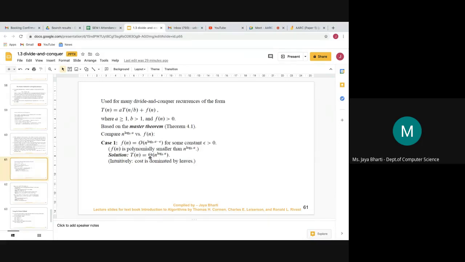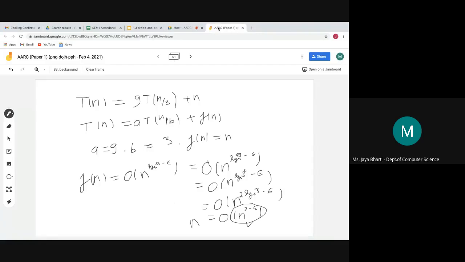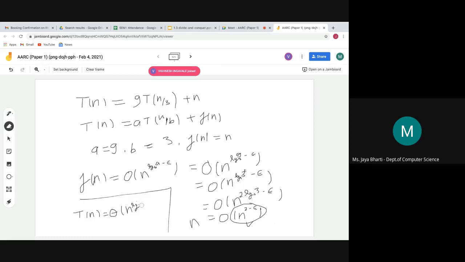Okay, so in that case the solution will be T of n is equal to theta of n to the power log a base b. Okay, so this is the solution.